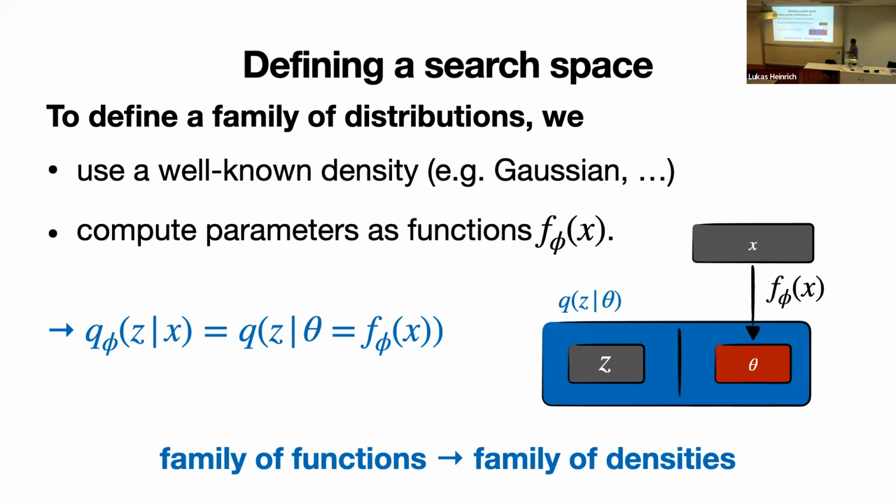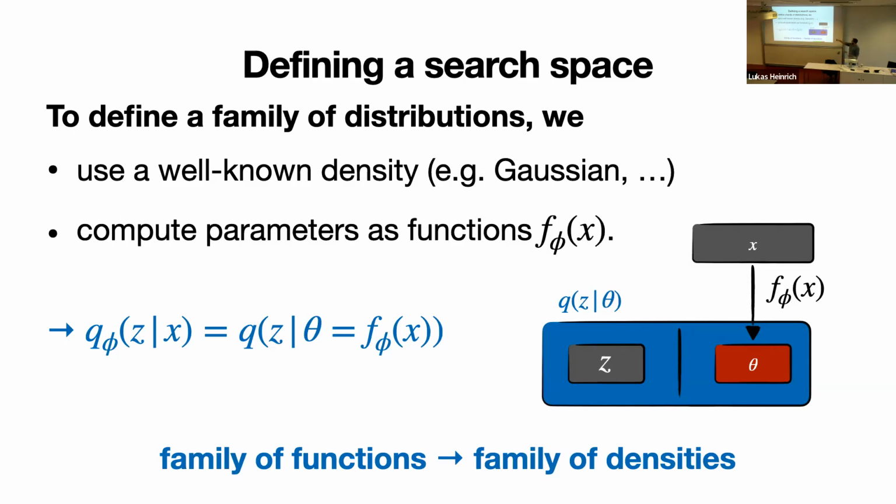And so through this type of construction we have a way to go from a family of functions, which is something we talked about before, with linear functions, perceptrons and so on. If we have control over a family of functions, we can go to families of densities by just wrapping the function in some density skeleton, right? This is how we define our search space of different distributions.